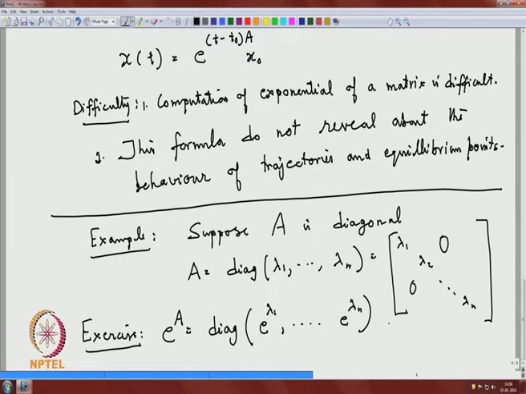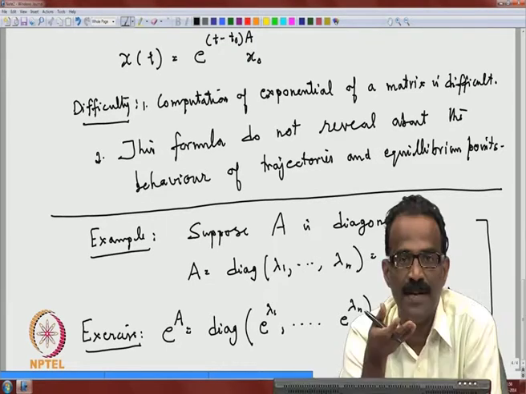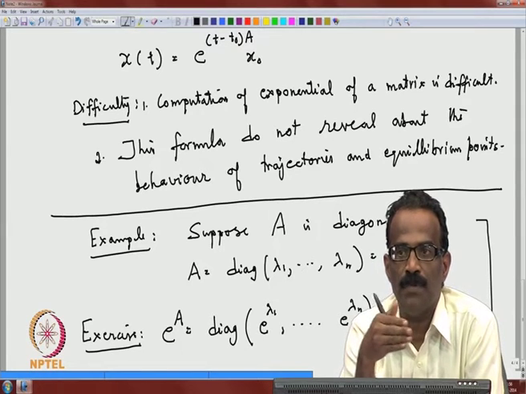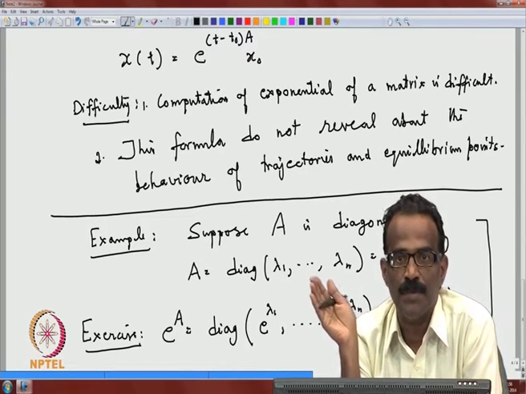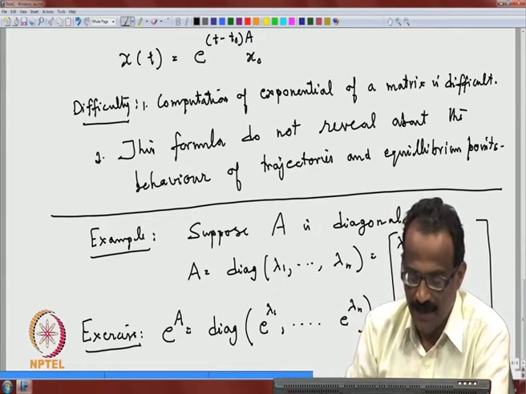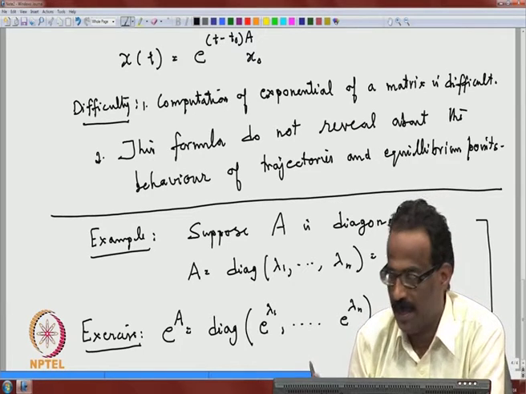What you have to do is compute A squared, A cubed, etc. If you compute A squared, you get the diagonal with lambda 1 squared, lambda 2 squared, up to lambda n squared, and for any A^n it will be the diagonal of lambda 1^n up to lambda n^n. Then add them up and you get the matrix e^A immediately.